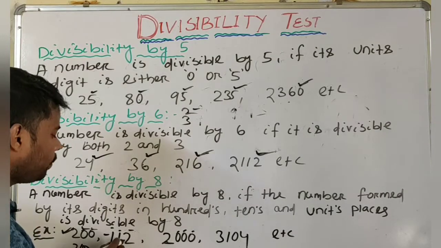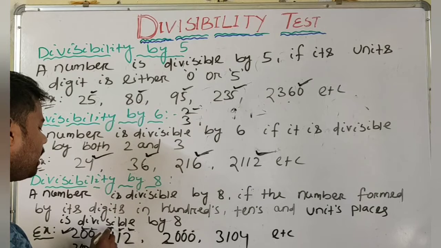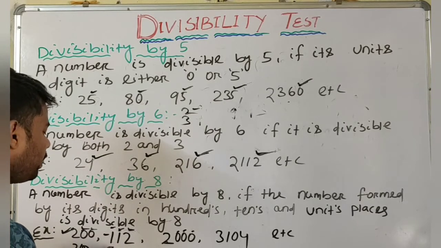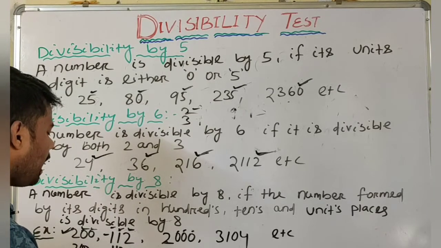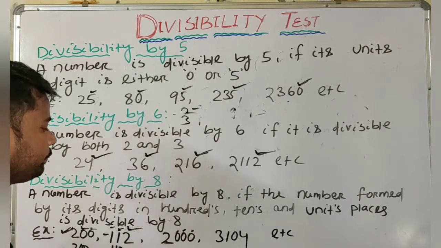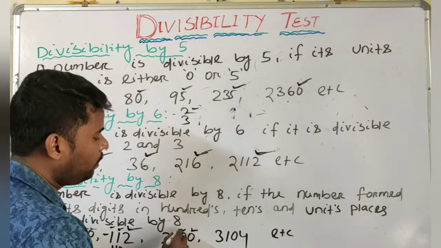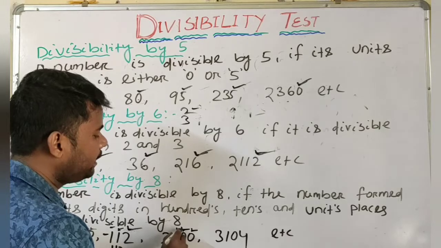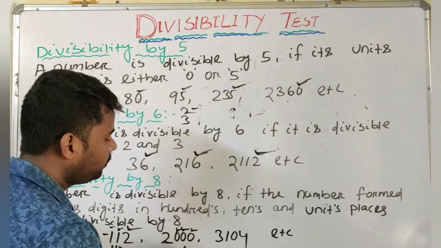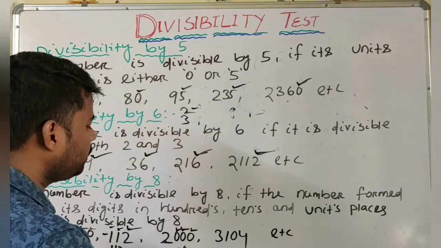Here 112. Units place 2, tens place 1, hundreds place 1. The number formed is 112, and this is a multiple of 8, so this number is divisible by 8. Here 2000. Its units digit is 0, tens digit 0, hundreds digit 0, the number formed is 000, and 000 is divisible by 8.